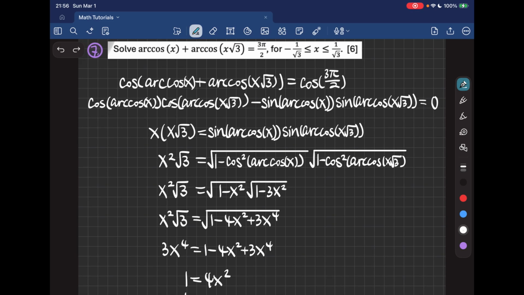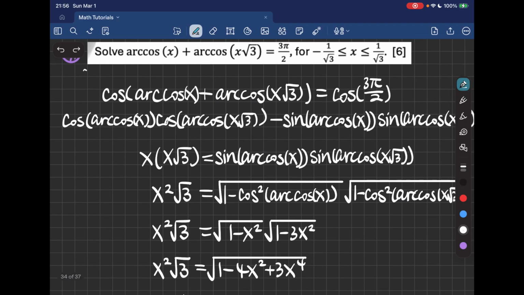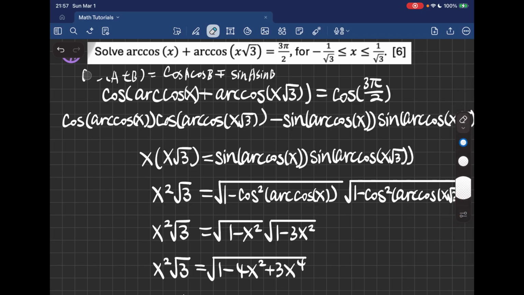So with this, same old trick, just take cosine on both sides. And then there's the data booklet rule for cosine of A plus or minus B, which equals cosine A cosine B minus plus sine A sine B, right? So just apply this rule and write this equation into a new form.